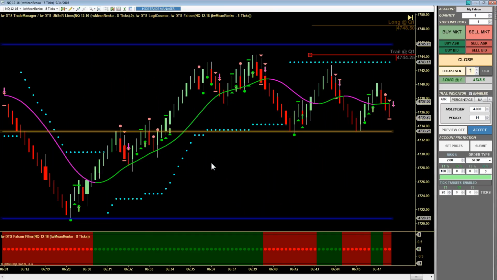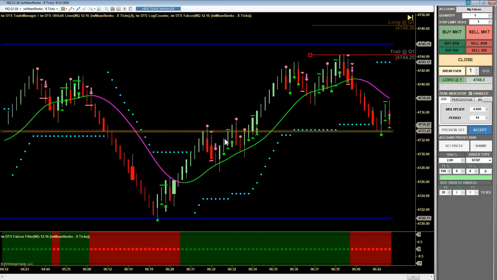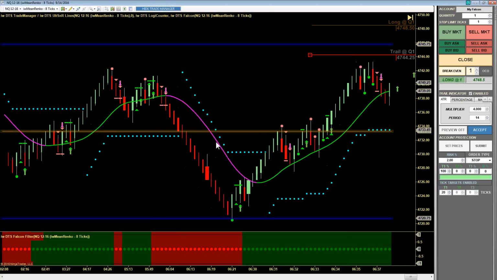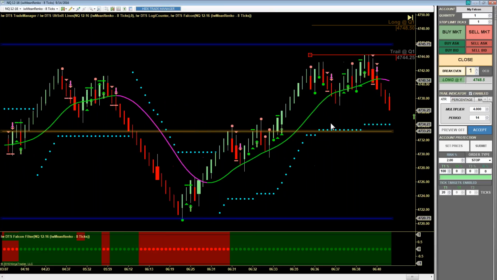This is where the mean wrinkle bars that come standard with DTS are very helpful because you can see very plainly when the market is changing direction. See, we're in an uptrend, the market comes down, tries to resume the uptrend, fails, market moves lower, tries to go up, tries to come down, comes back, produces a signal, market goes higher.